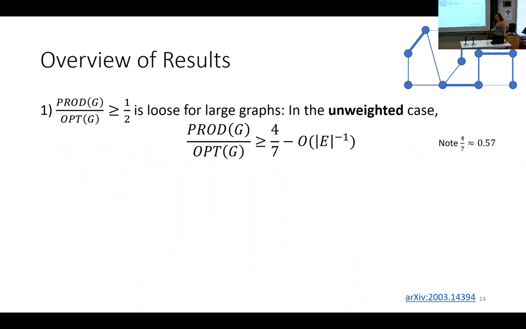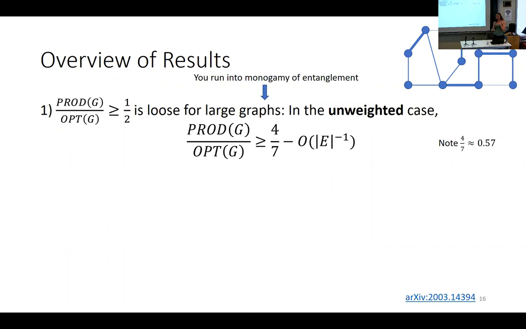So first of all, I've misled you a little bit. I told you that this 1/2 approximation for the product states is good, almost optimal. It's in fact not optimal on large graphs. I told you about the single edge graph where the best product state gets a value of 1/2. That's true, but as you go to larger graphs, you run into monogamy of entanglement.